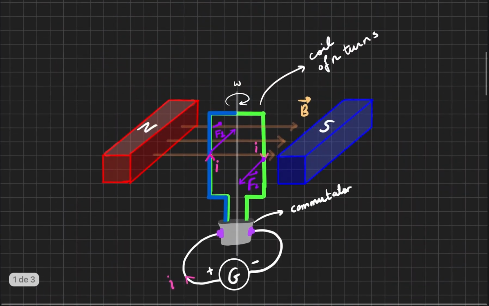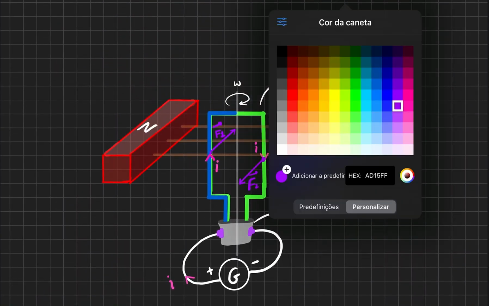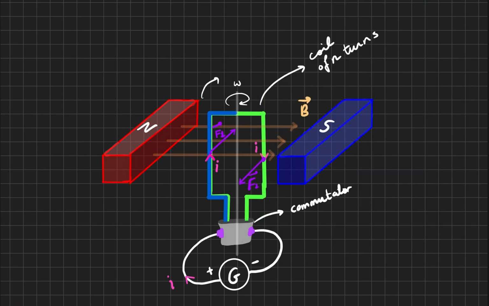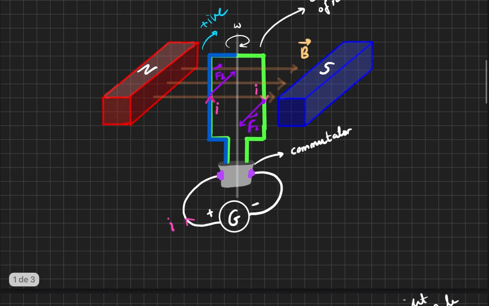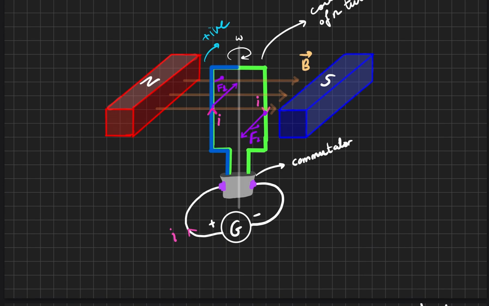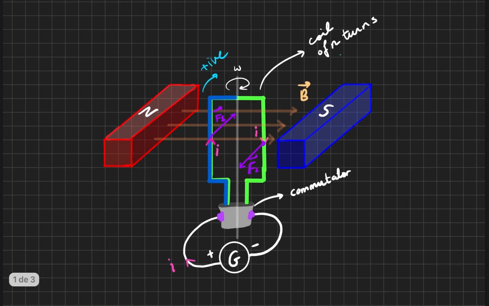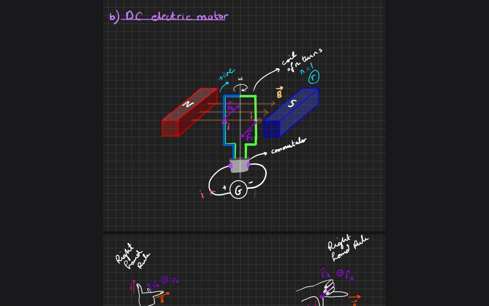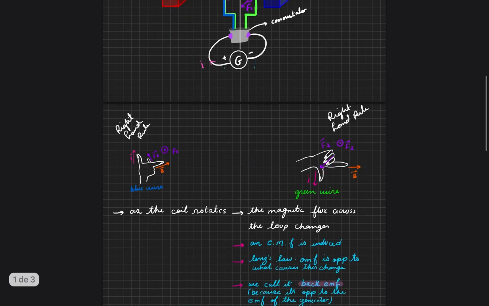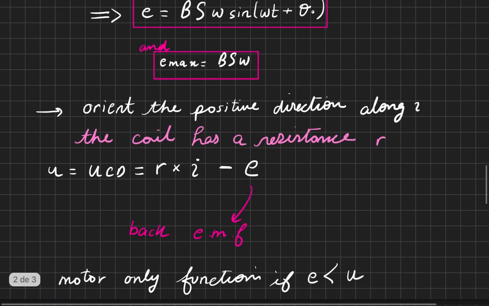So let's take the positive direction in this way. So this is the positive direction. It's along I. We know that this coil has a resistance R. The coil has n turns, we took n equal to 1, and it has a resistance R. We have a generator connected to a coil that has a resistance R. According to Ohm's law, let me write it up here.